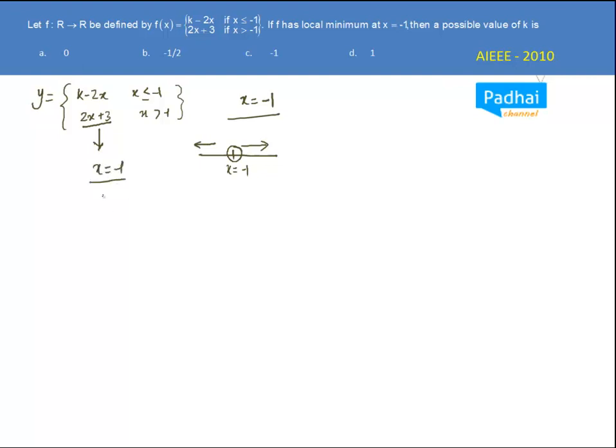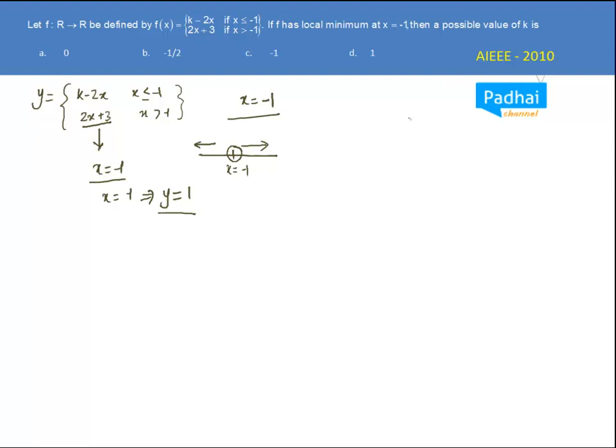Though x equal to minus 1 does not satisfy this, but still we are doing it. Finding the value of y, it will give us the value as 1.